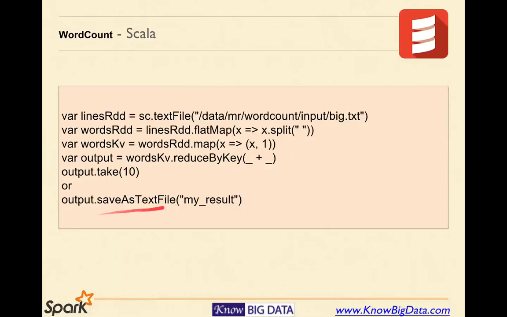Then these two lines are important. This one is an action that executes the entire flow and gives you the first 10 records. And this one executes the entire flow till this point and then saves the result on disk.